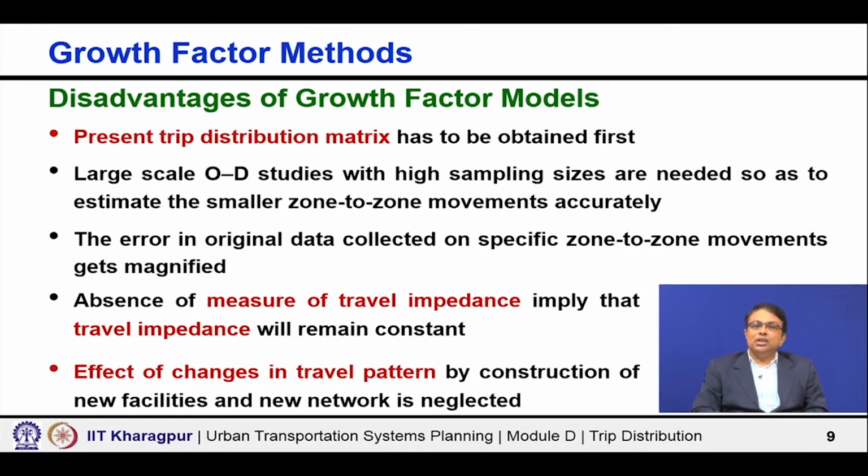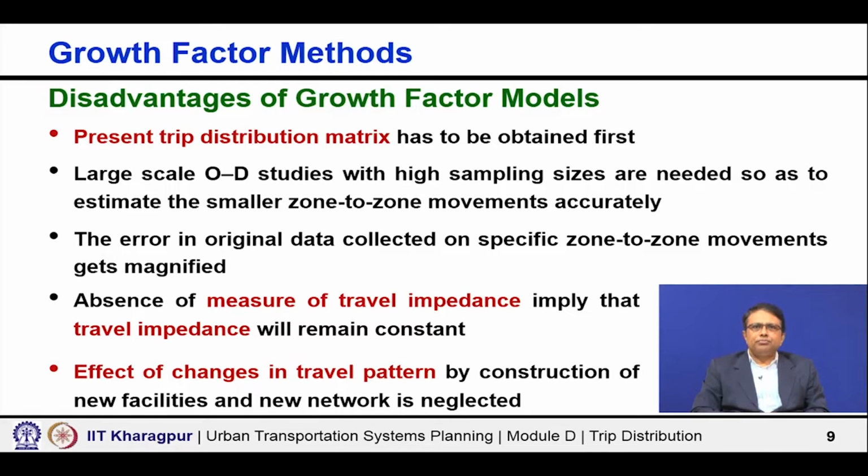Now, what are the general disadvantages of growth factor models? In some cases we have already discussed those when we were talking about specific models, but it is important, so I would like to discuss this once again: what are the general disadvantages of using growth factor based models or methods.